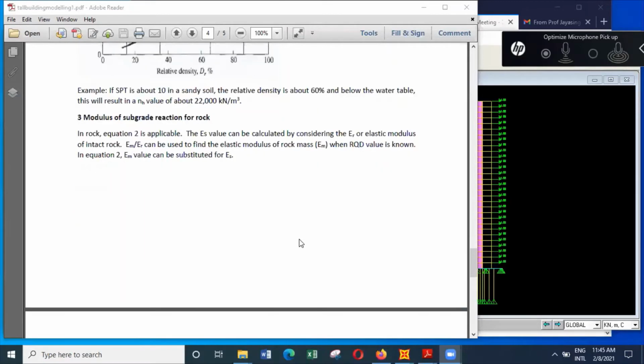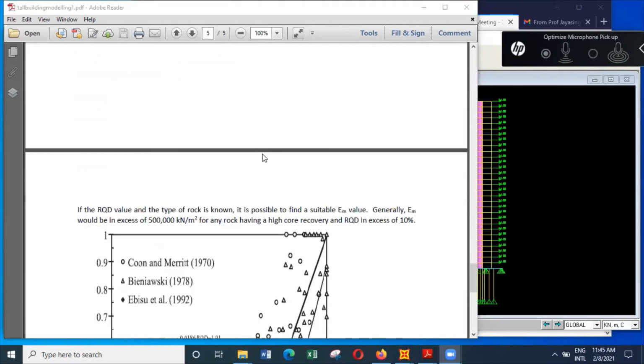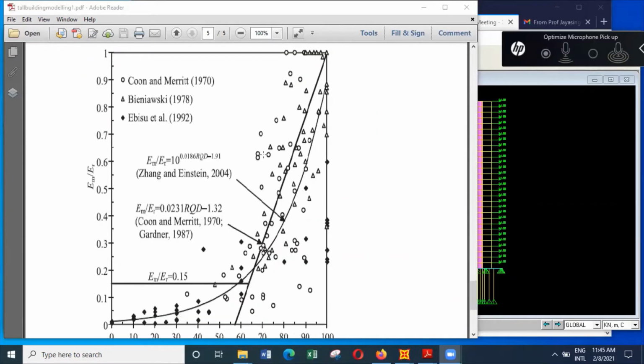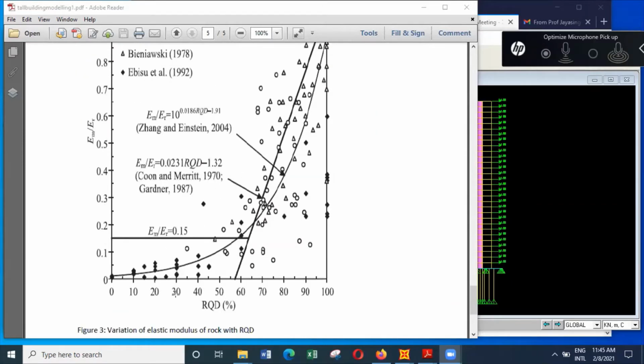So the elastic modulus of intact rock has to be obtained, and then if you know the elastic modulus of intact rock, ER, then this EMO-ER ratio is given in this chart, and you can see if the RQD is very low, you will get something like 0.01 for the ratio.